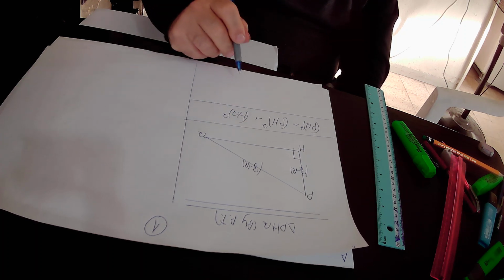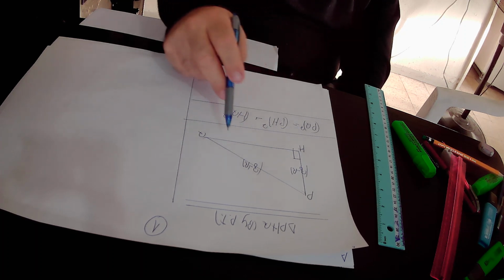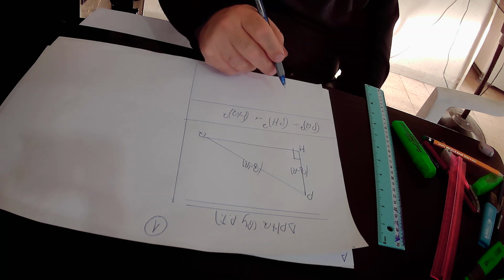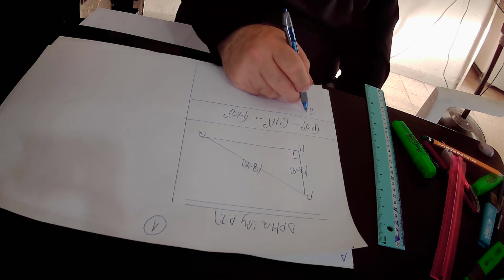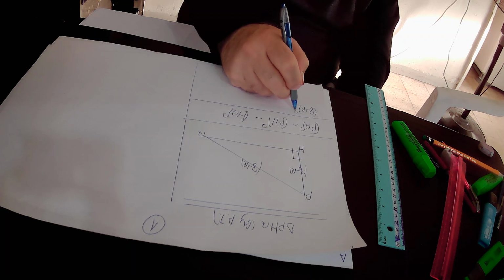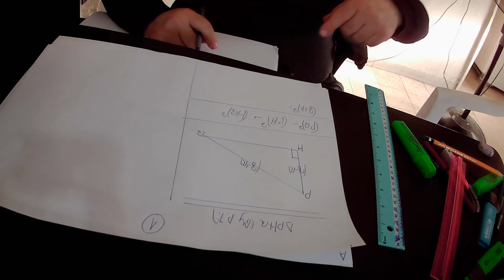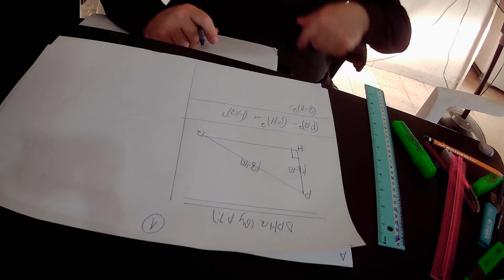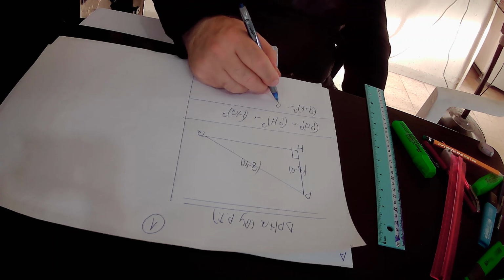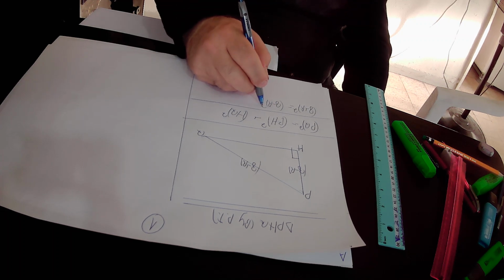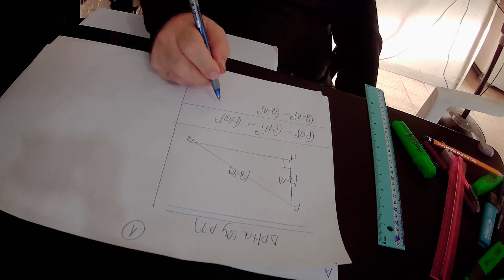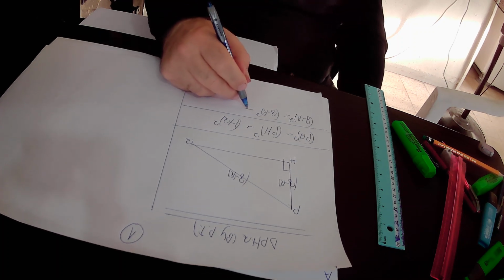Okay. The hypotenuse PQ equals 8 plus R, therefore PQ square is (8 plus R) square, and it is equal to PH square. PH is 8 minus R, therefore PH square is (8 minus R) square plus HQ square. HQ is the missing side, so we write it as it is.